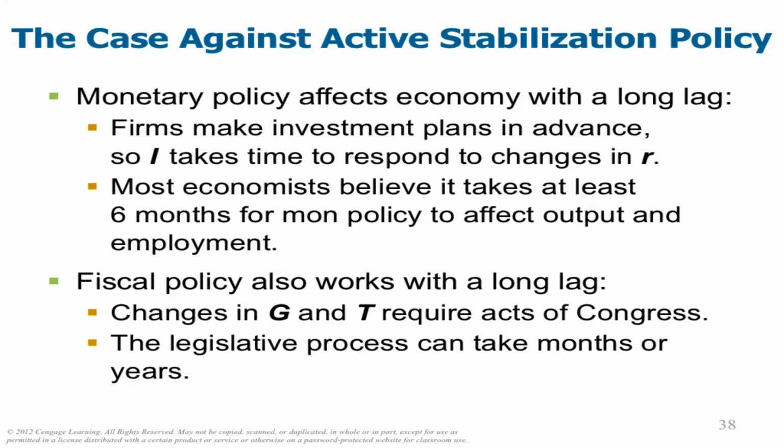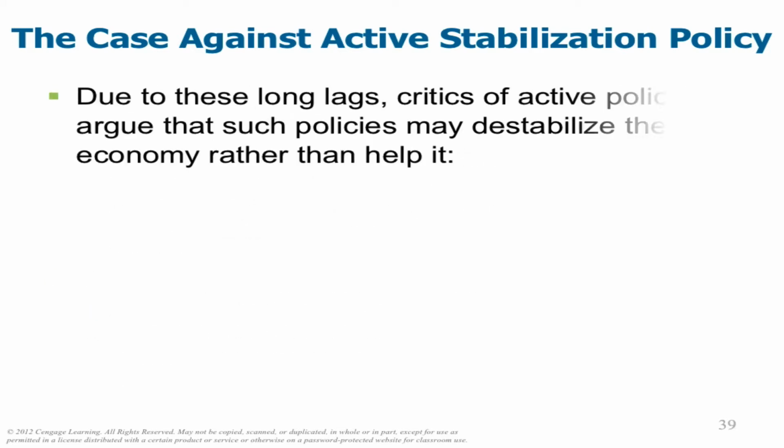So no wonder these folks say stabilization policy can't happen. They say that fiscal policy and monetary policy lag so far behind the circumstances that might necessitate stabilization that they can actually destabilize the economy.